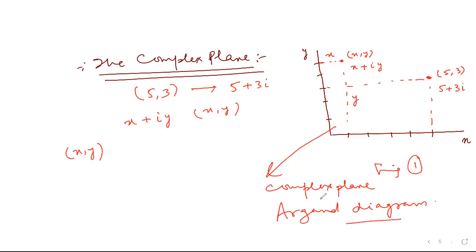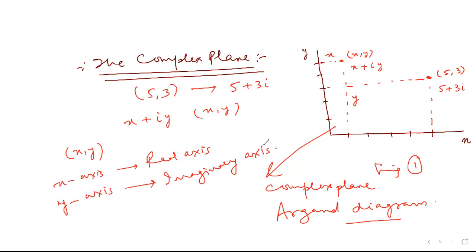The x-axis is called the real axis, and the y-axis is called the imaginary axis, right? And you need to note, however, that we plot y, not iota y, right?